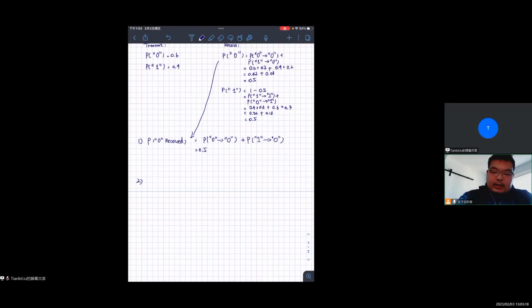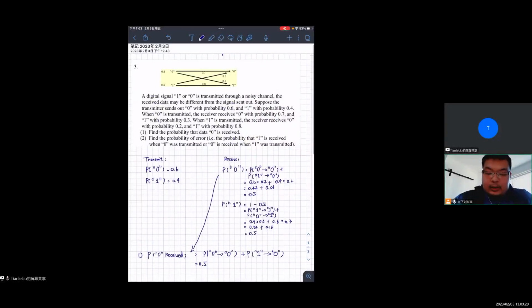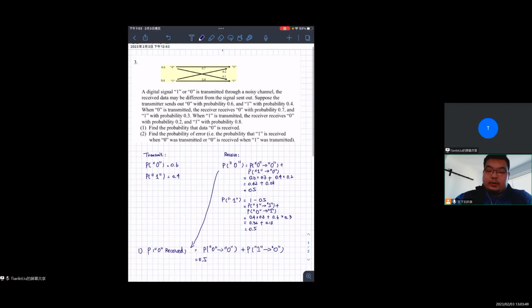And the second problem asks us to find the probability of error. For example, the probability that 1 is received when 0 was transmitted, or 0 is received when 1 is transmitted. We can view it from the image that obviously it is from these two lines, 1 to 0 and 0 to 1. So for now, it's quite obvious how to calculate this, but we need to write the process.